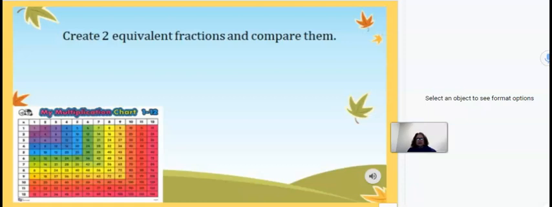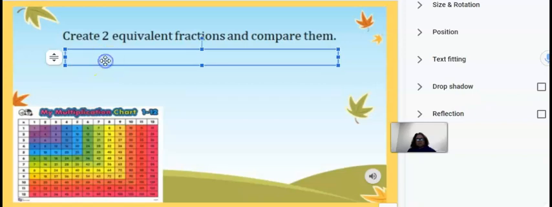All right, so let's take a moment and create 2 equivalent fractions and compare them. Okay, so we can think about, what did we say earlier? Let's do 1/2 and 4/8. 1/2 is equal to 4/8.